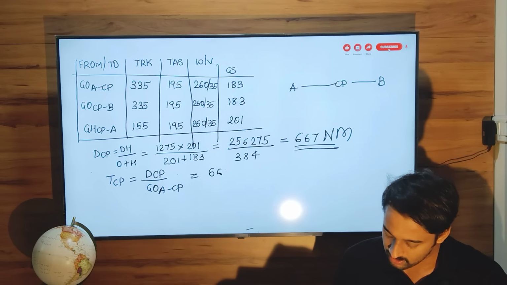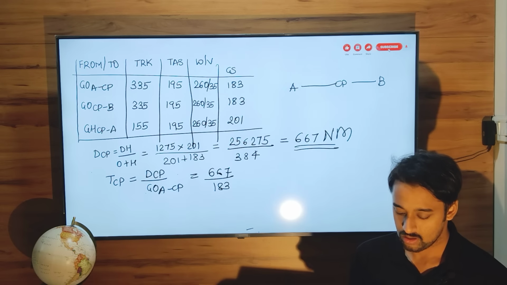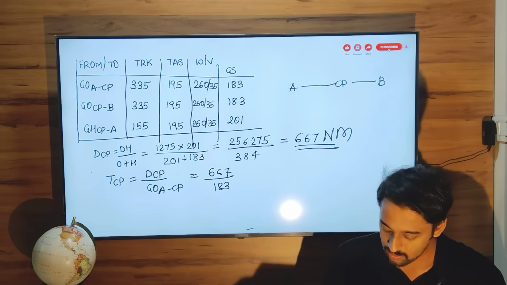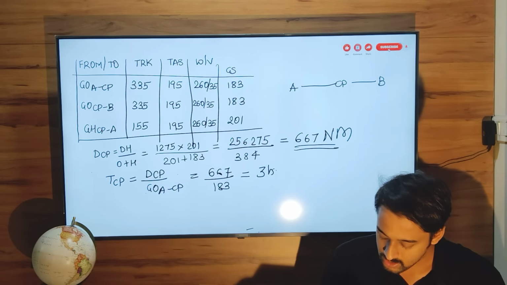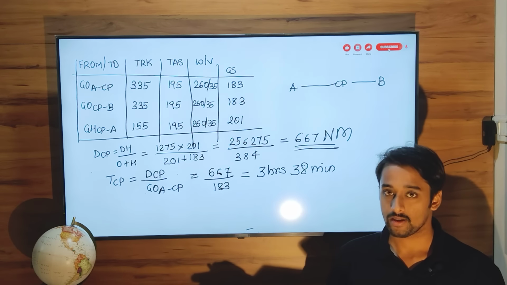So 667 divided by 183 is 3 hours 38 minutes. So that is your time to critical point.